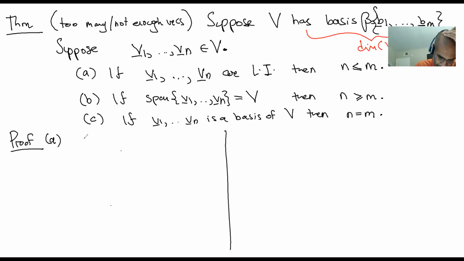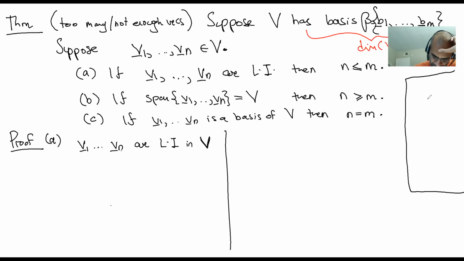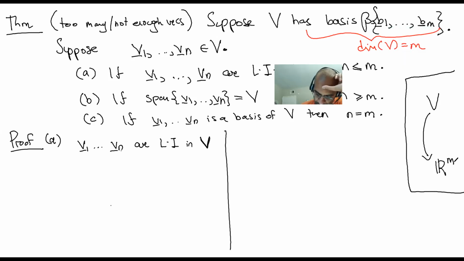So I have that V1 through Vn are linearly independent in V, right? Now, according to the correspondence principle, there's a mapping from upstairs to downstairs, and the downstairs is Rm because the dimension of V is M, right?